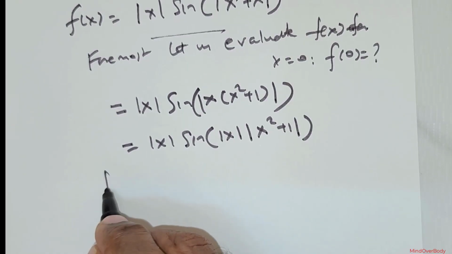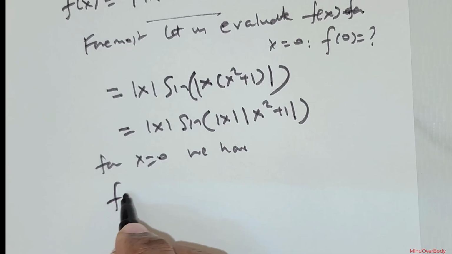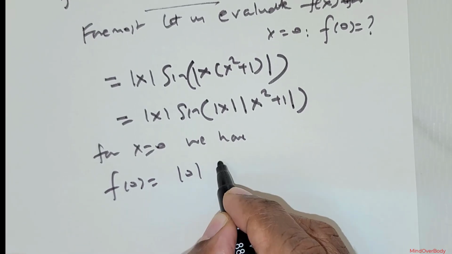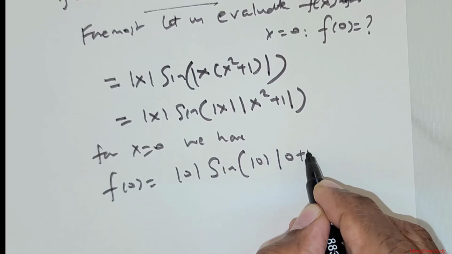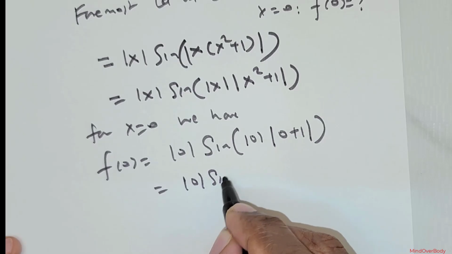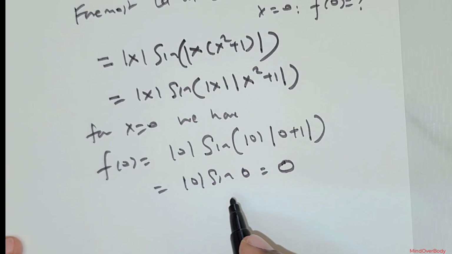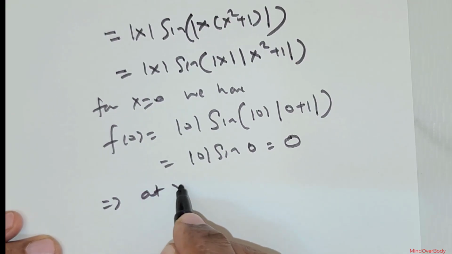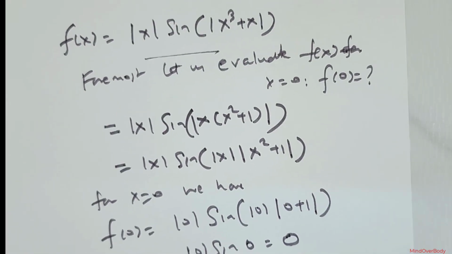So now for x is equal to 0, we have f of 0 is equal to modulus of 0 times sine of modulus of 0 times 0 positive 1, which is going to be equal to modulus of 0 times sine of 0, which is going to be 0. So this means at x is equal to 0, f of 0 is equal to 0. So this is the value that we have obtained.